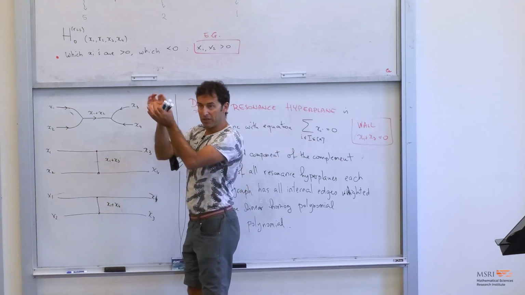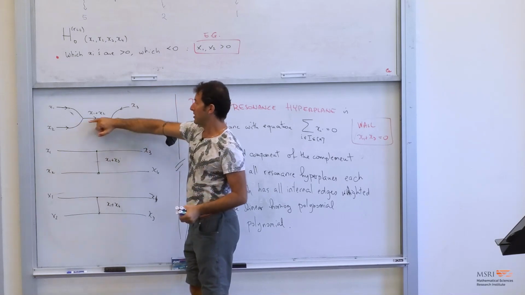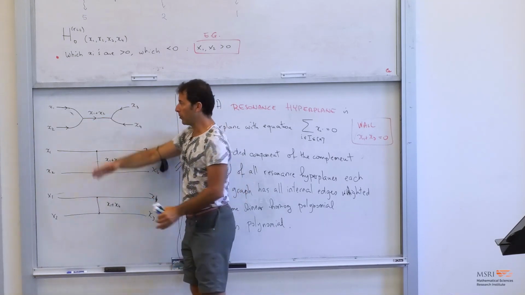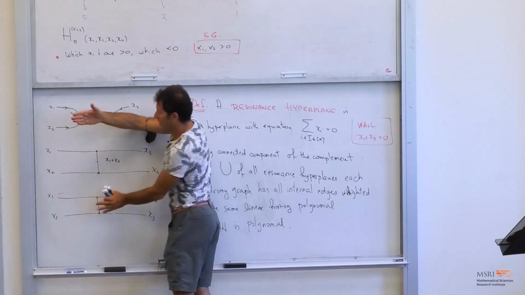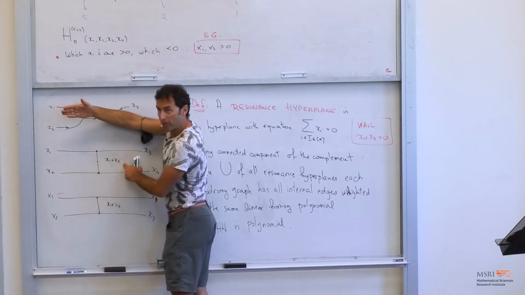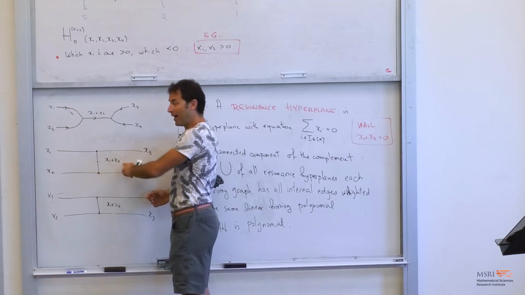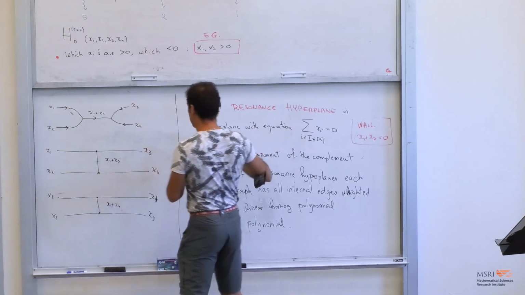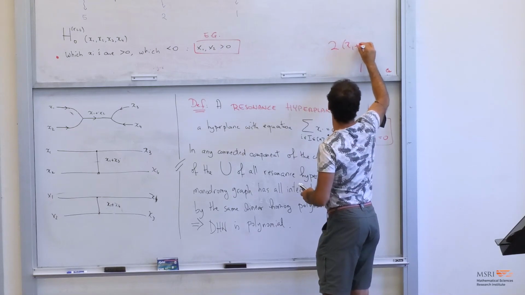Because if you're moving in a close enough neighborhood, you're not crossing any other wall. So the sign of x1 plus x2 and x1 plus x4 will remain unchanged. These two contributions will be the same on either side of the wall, so they cancel when you subtract. And this contribution will appear with a positive sign on one side and a negative sign on the other side. So in this particular case, across this wall, the wall crossing is simply 2 times x1 plus x3.